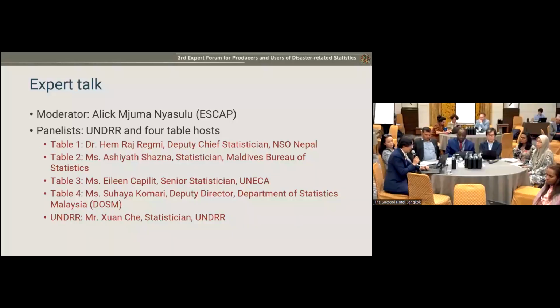There is a data gap sometimes between the NSOs and NDMOs. It could be caused by many potential reasons. One of them is the legal difference, as some of the administrative data were not validated by the NSO. So this could create a data gap between the agencies. And last but not least, the inflation adjustment can be difficult to keep updated in real time.